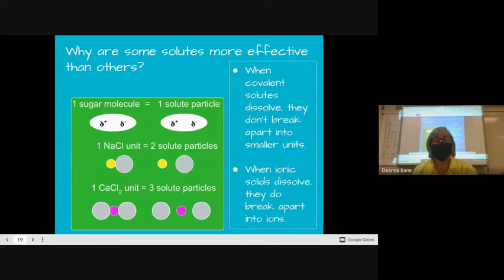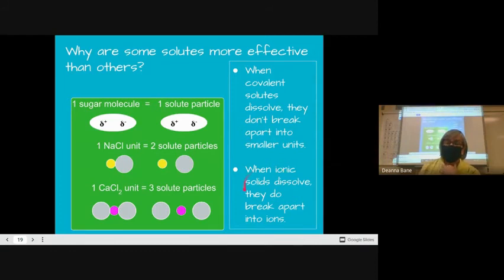And so when sugar dissolves, the water molecules surround the sugar just like they would any other compound because it has a slightly positive and slightly negative end. But the sugar molecule itself, that's made up of carbon, hydrogen, and oxygen, doesn't break down. So one molecule of sugar will dissolve to become one solute particle.